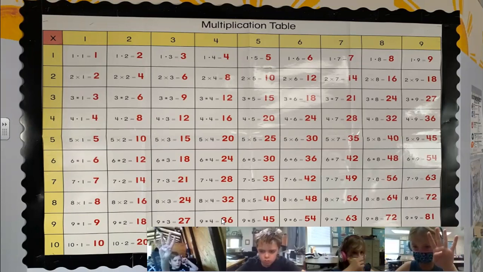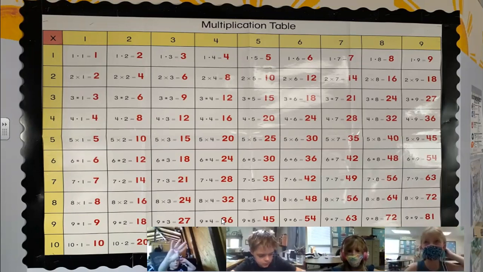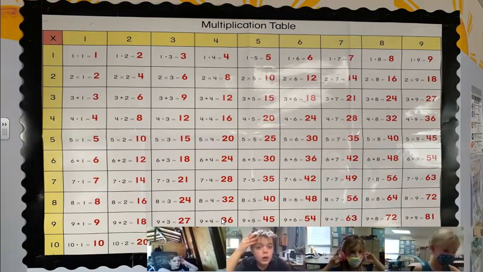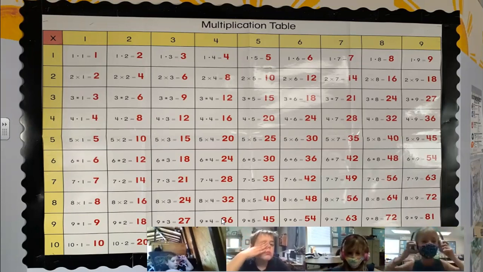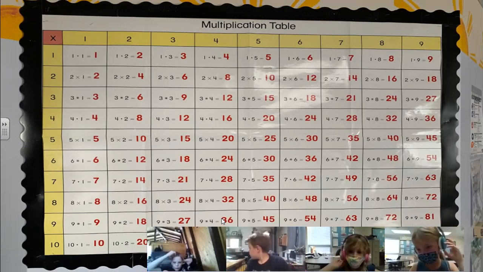Reese, can you unmute and tell us? It's 4 because if you count by 10s 4 times, you get 40. Excellent. Robert was holding that up too. Good job, you guys. I like how you explained that, Reese. If you count by 10s till you get to 40, you get 4.